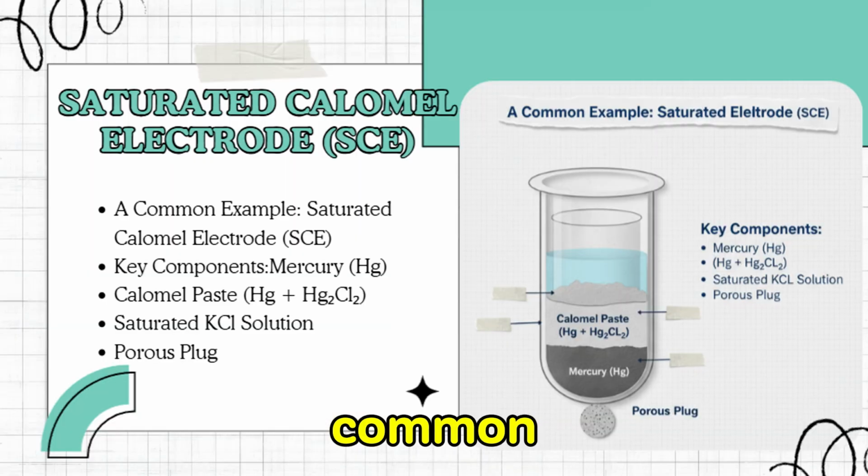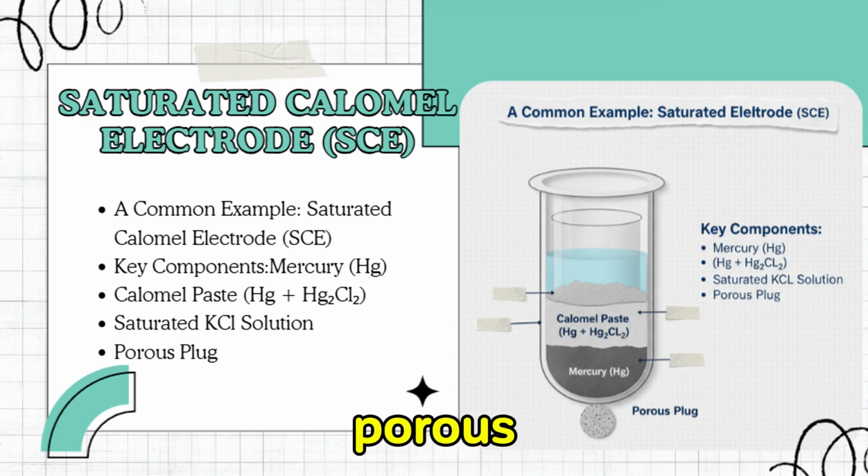One of the most common reference electrodes is the Saturated Calomel Electrode, or SCE. Inside, you have a pool of pure liquid mercury at the bottom. Above that is a paste made of mercury and mercurous chloride, which is also known as calomel. This is all immersed in a solution of potassium chloride, or KCl, that is saturated, meaning it's holding as much salt as it possibly can.